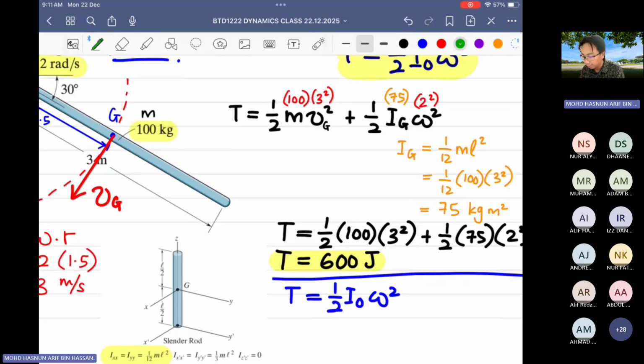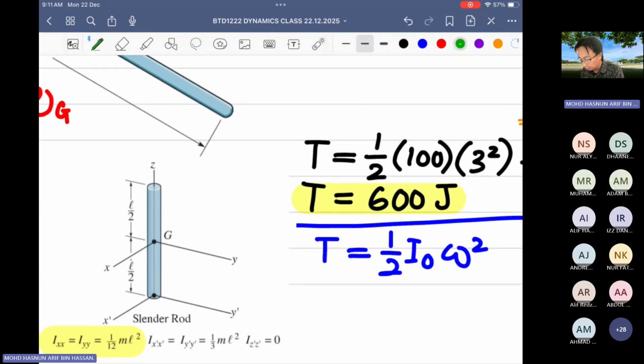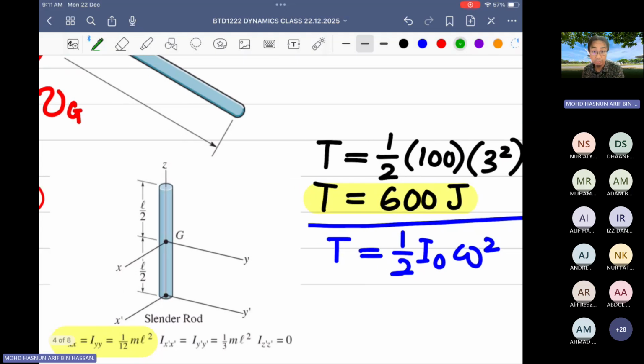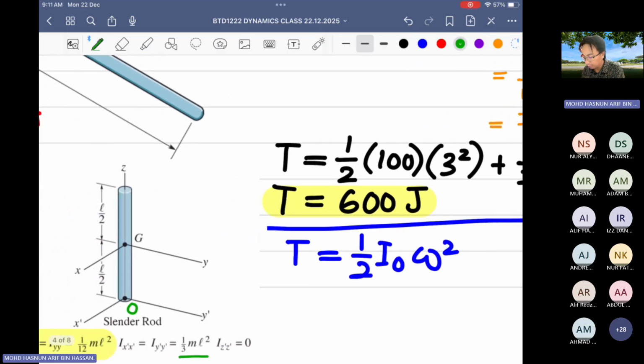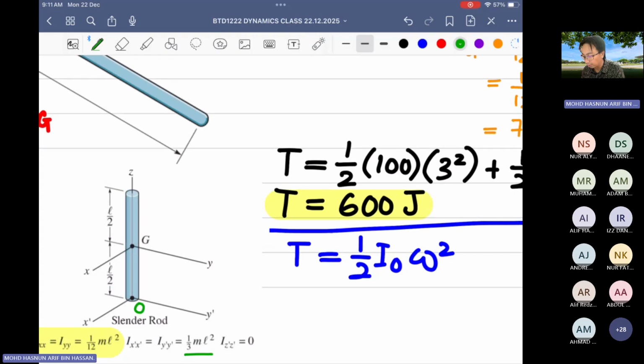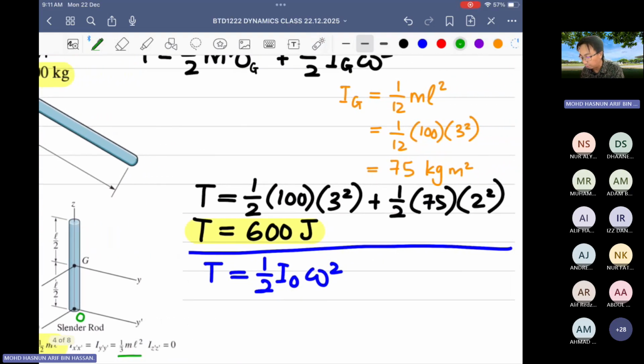Either you use the formula from the slender rod, IO is 1 over 3 ml square, because point O is here. Or you can use the parallel axis theorem. Either one works. Let's use the parallel axis theorem. It will give you the same value.